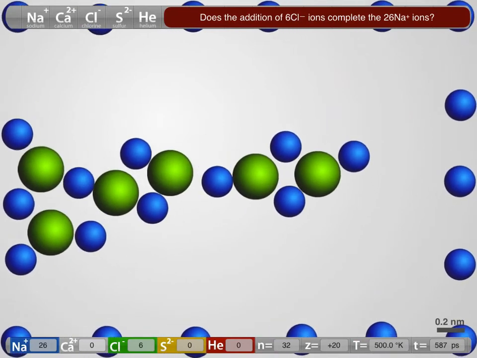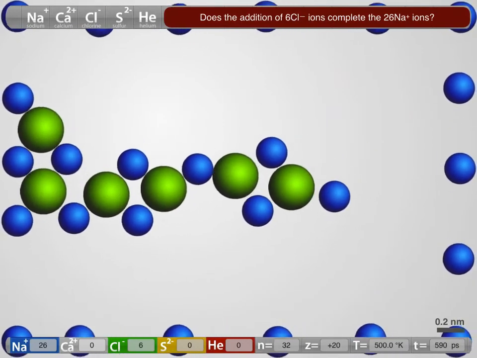However, now notice the radical difference in adding 6 chloride ions.